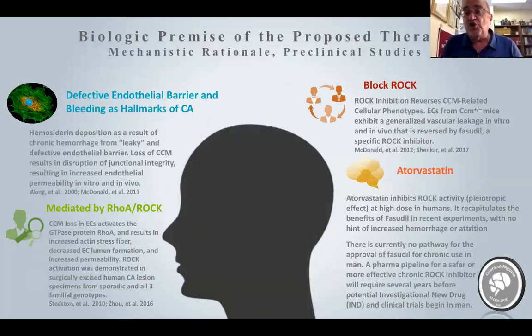And we have shown that in the mouse models where we give ROCK inhibitor drugs, they basically shut down the lesion. It prevents the lesion from growing or bleeding. Now, many of these ROCK inhibitors are not going to be ready to be given to patients for several years because they're being developed from scratch, except for atorvastatin, which is a very powerful statin.